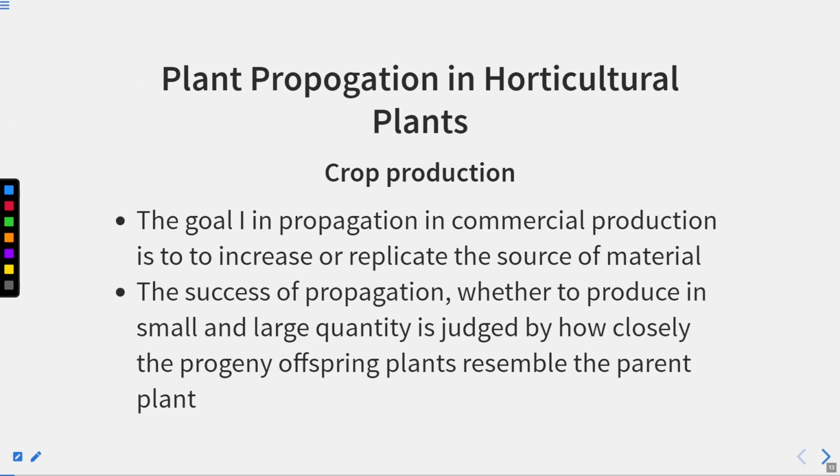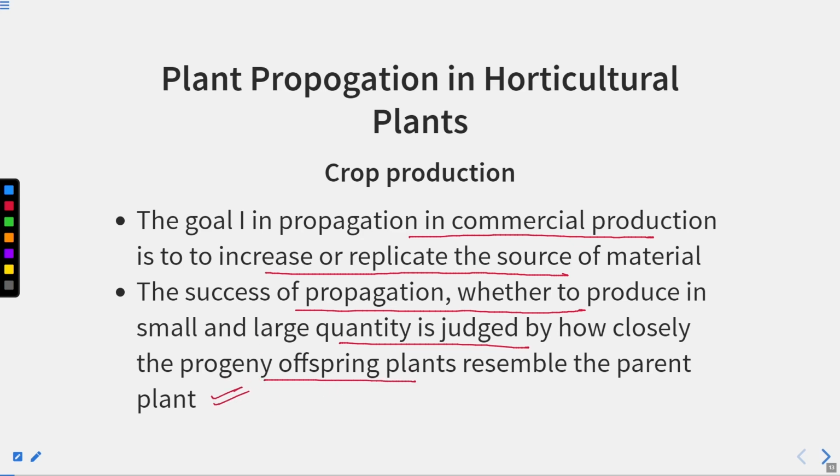The goal in propagation in the commercial production is to increase or replicate the source of material. The success of propagation, whether to produce a small or a large quantity, is judged by how closely the progeny or offspring plants resemble the parent plant.